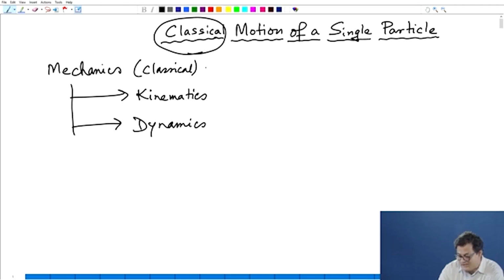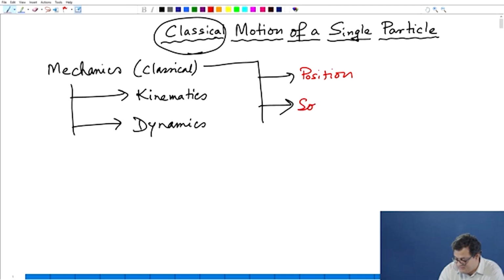Before going to that, I am just writing again. So, in classical mechanics, I have two things. One is position, another is some act of motion, or state, I would say.